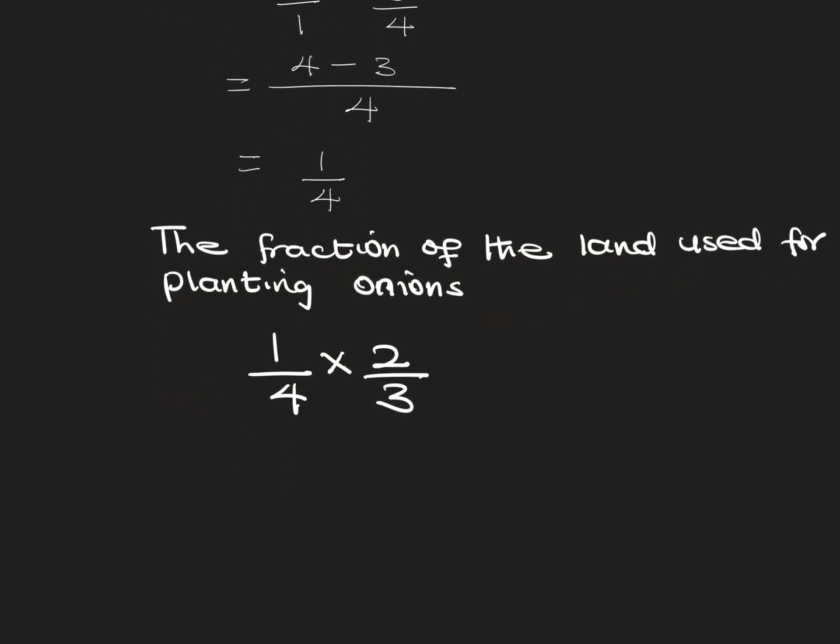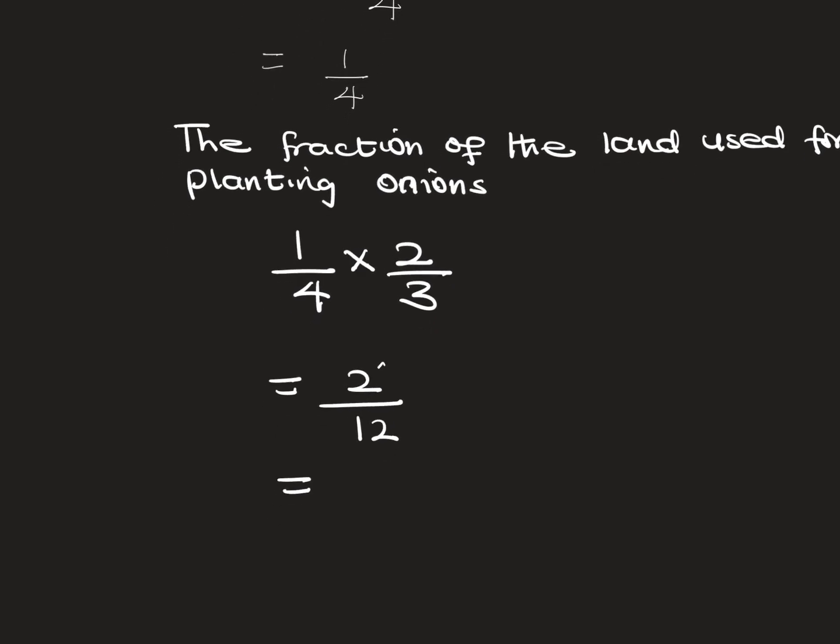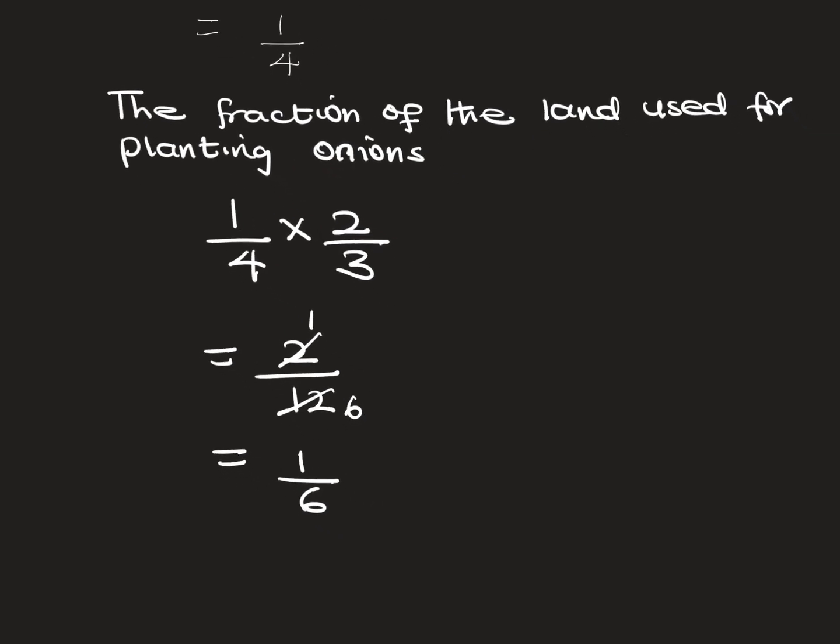So when we multiply that, 1 times 2 is 2, divided by 4 times 3 is 12. So 2 goes once into 2 and 6 times into 12, so we'll have 1 over 6. It means that actually 1 over 6 of the entire land was used for planting onions, okay? Or 2 over 3 out of that 1 over 4 of the remaining land was used for planting onions. Do we get that? Okay.